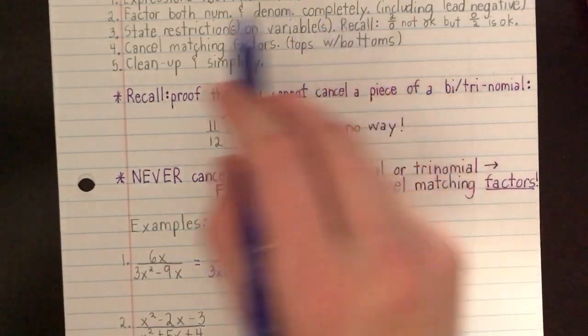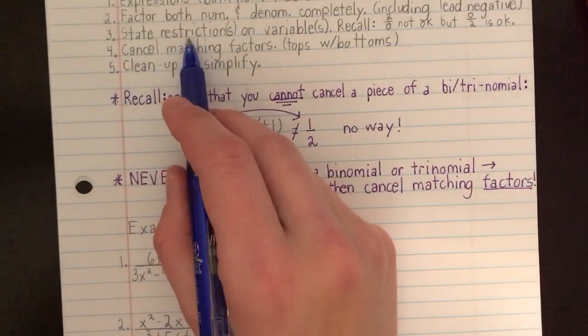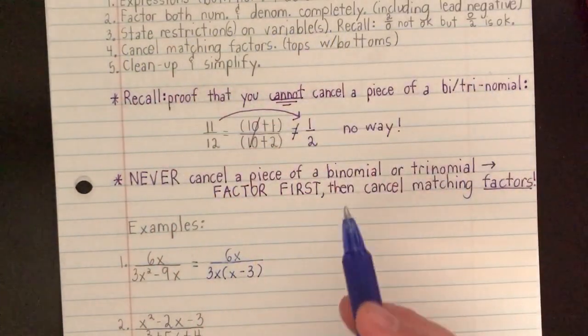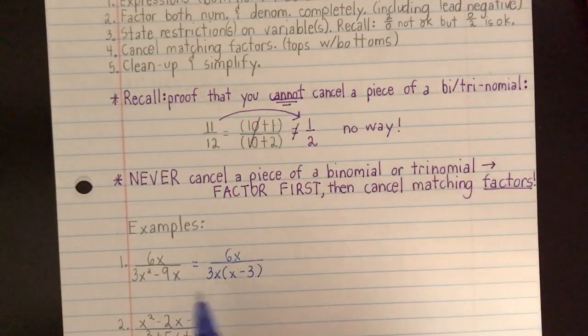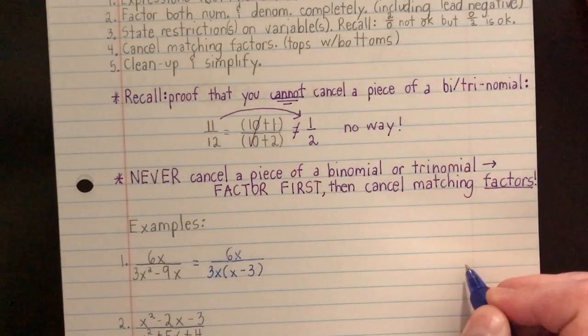Okay, I've factored completely, so step 3, state the restrictions on the variables. So the restrictions come from what makes the denominator 0. We cannot have 0 in the denominator. So what values of x would make this factor equal 0? Because we can't have 0 here. So if I set 3x equal to 0 and solve, I would get x equals 0.